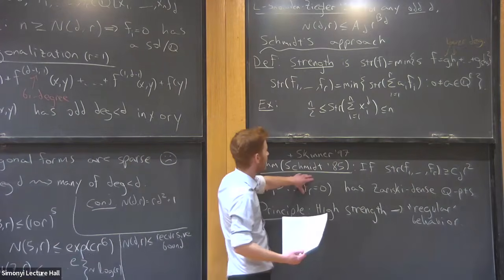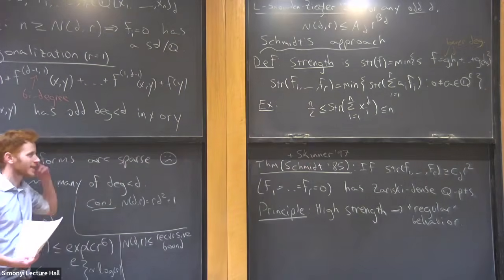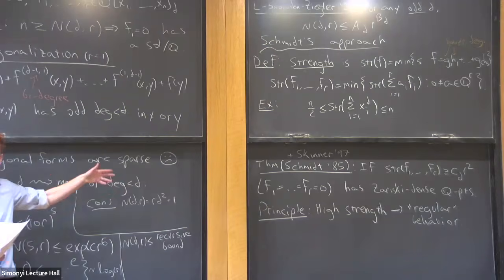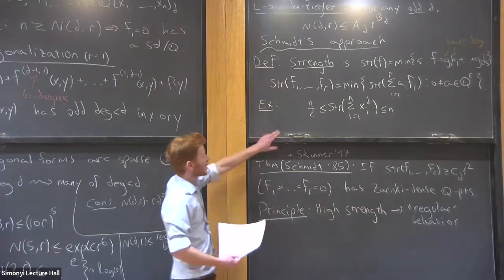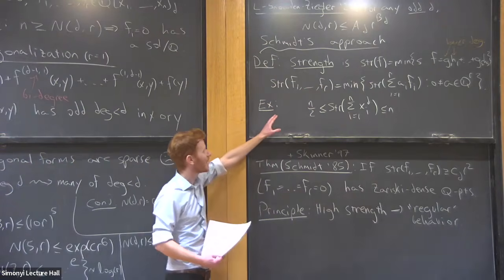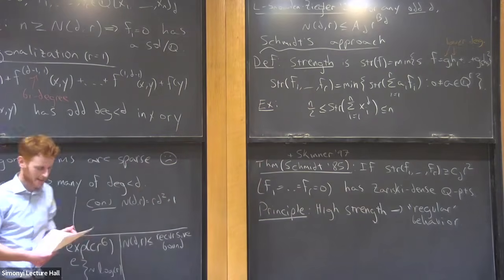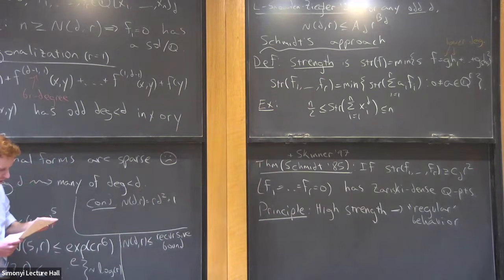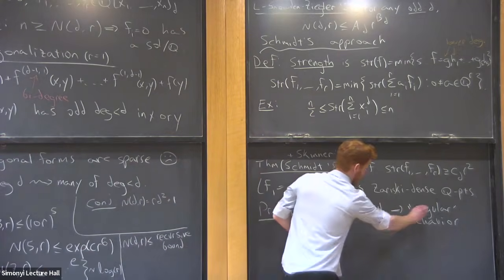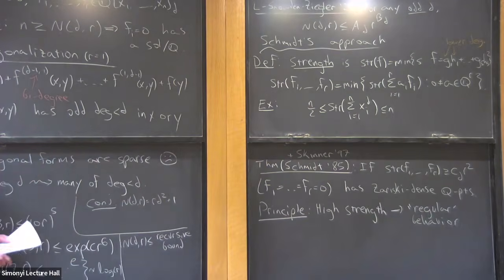This definition has been redefined by Green and Tao in higher order Fourier analysis, and then by Ananyan and Hochster in a question in commutative algebra. The name strength was coined by Ananyan and Hochster. It seems like a good name, so I'm using that name. Schmidt called this the h invariant. But in all of these different settings that it's shown up, this is the general principle. And that theorem is the first example of it.